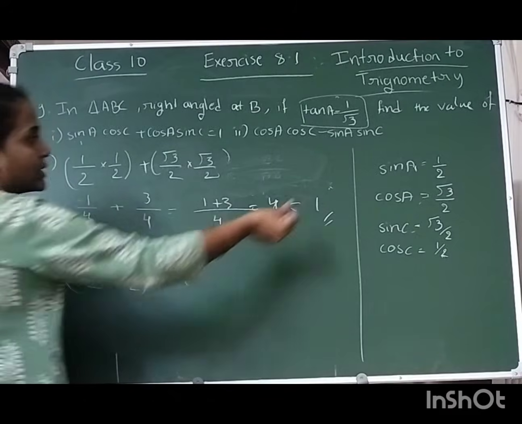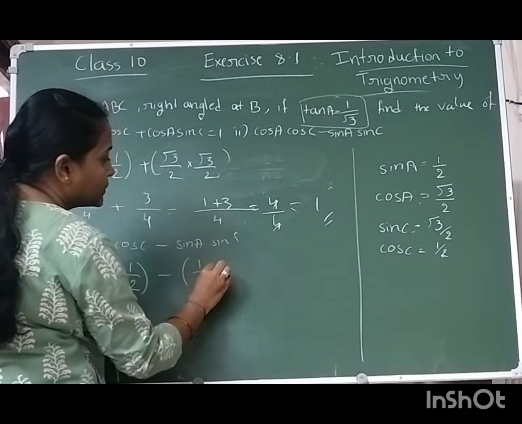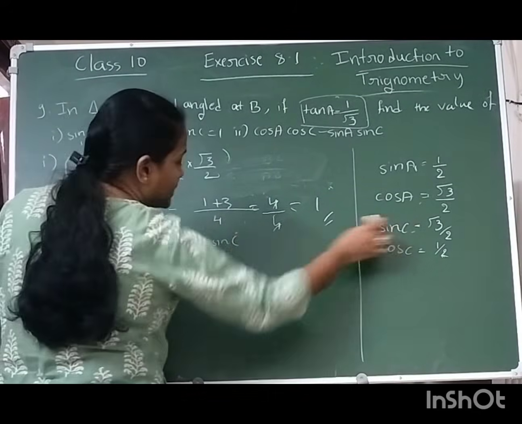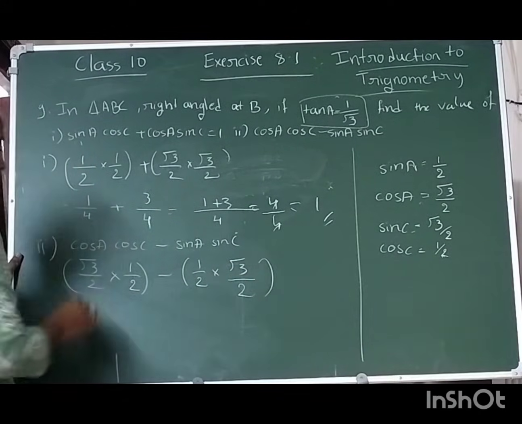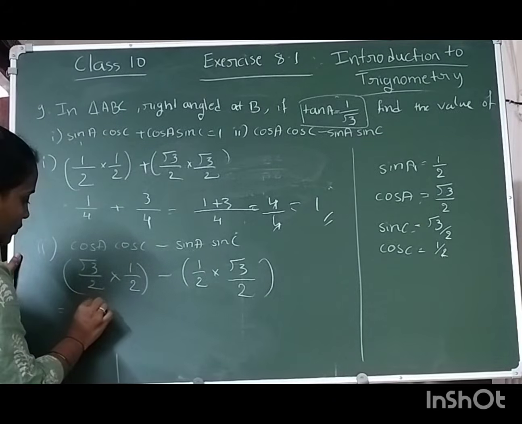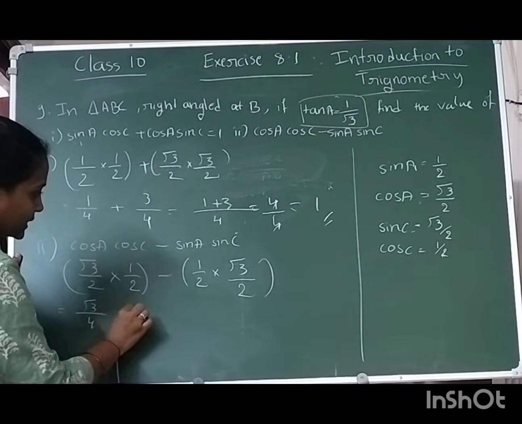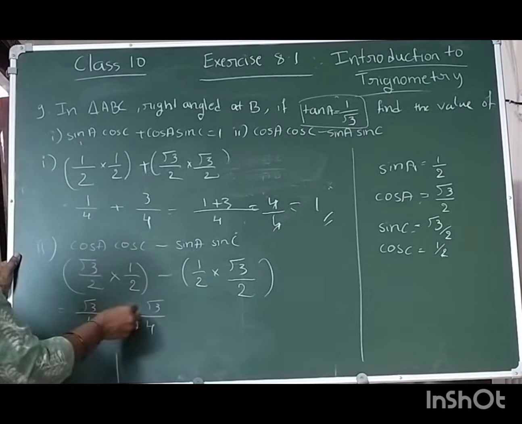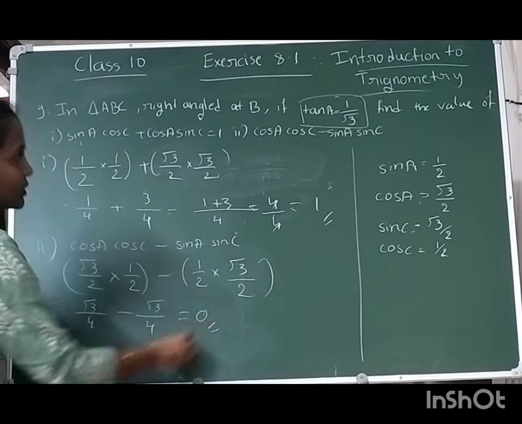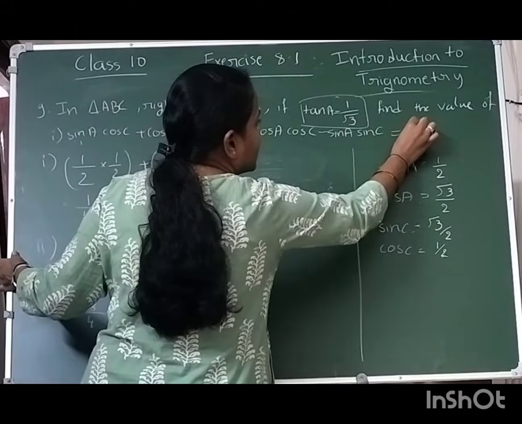Sin A we got as 1 by 2, and sin C we got as root 3 by 2. So after multiplication we'll get root 3 by 4 minus root 3 by 4. So root 3 by 4 minus root 3 by 4 will be 0. So the answer for the second question is 0.